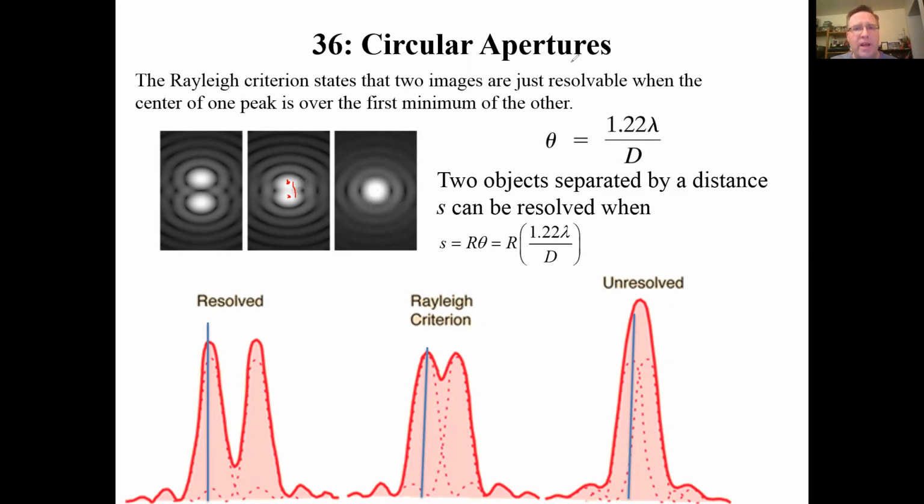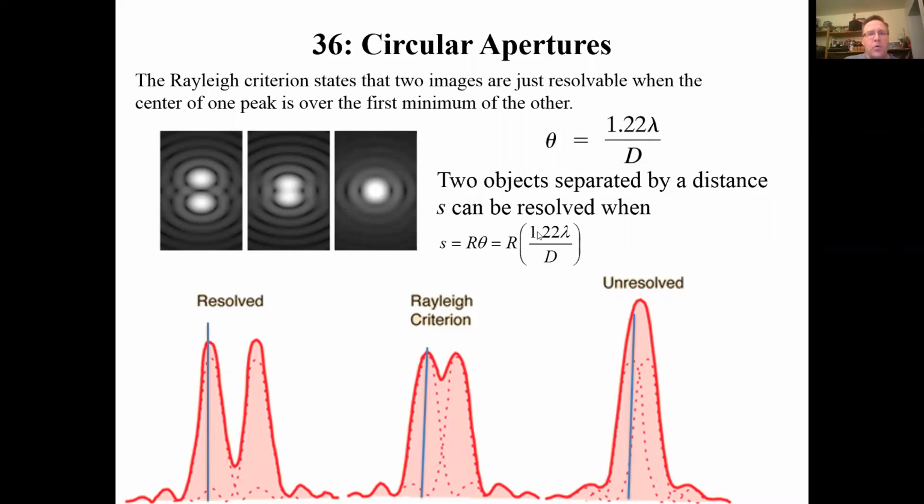I can identify this using this equation: s, the arc length, the separation between the two objects, is equal to r theta, where r is the distance to the objects you're looking at, and theta is the angle between them. With theta equal to 1.22 lambda over d, that would tell you whether or not you can see the separation between different objects. So this is important in astronomical situations, but there are other real-world examples as well. We'll go through a couple of them.